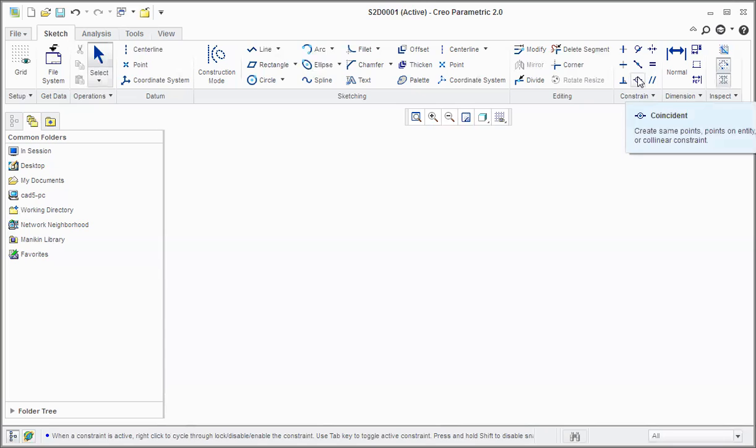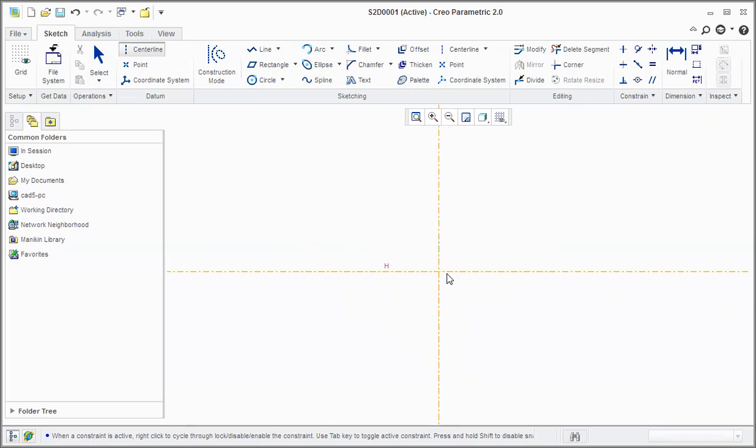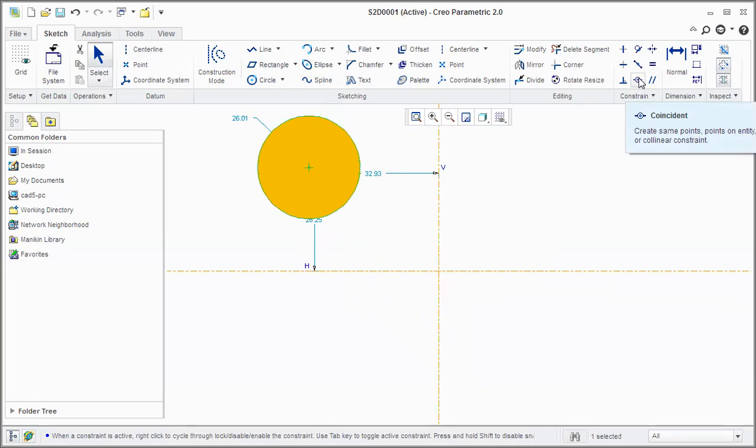And the next constraint, the last constraint, is coincident. So let's see what it actually is. Coincident. So this is one of the circles, and you want to make it coincide with this intersecting point. That's why we use this coincident constraint.